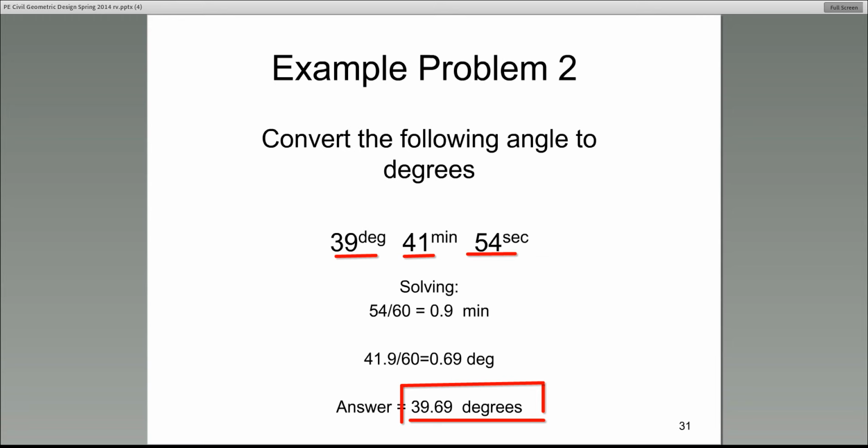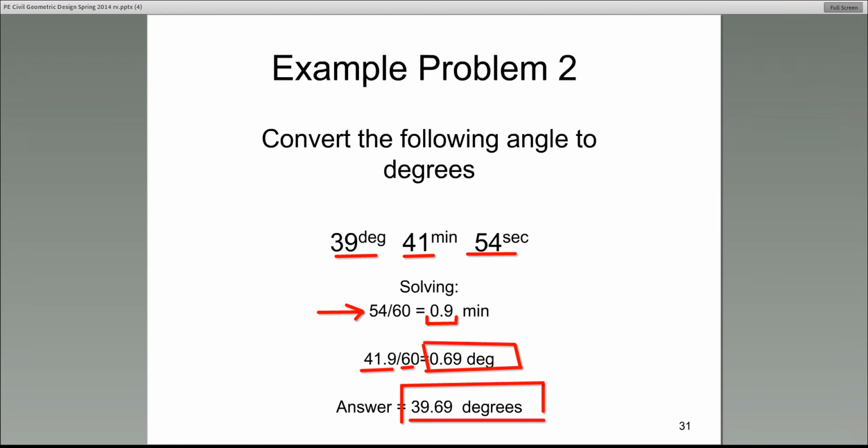So you start with the seconds, divide that by 60, 54 over 60 gives you what fraction of a minute you have, and then add that fraction to the 41 minutes, which is 41.9 divided by 60. That gives you what fraction of a degree you have. Added to 39, that's 39.69.